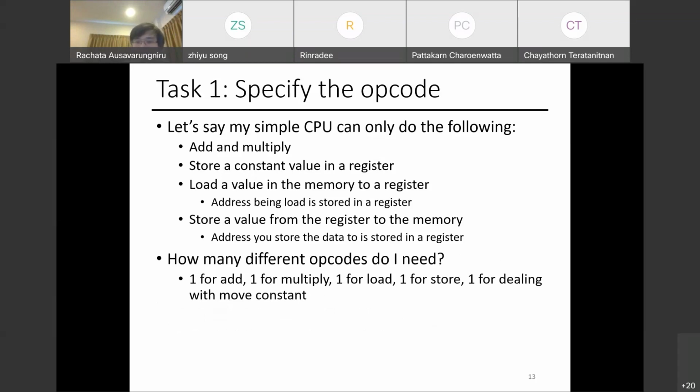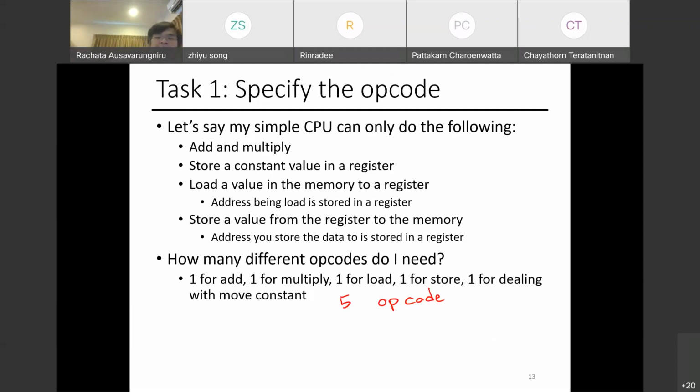An opcode is basically a bit pattern that tells you, if I see this pattern it's an add, if I see this different pattern it's a multiply. I have 5 instructions. How many different patterns do I need to cover those 5 instructions? If you're not answering, you're thinking too hard. We need 5 of them, right?